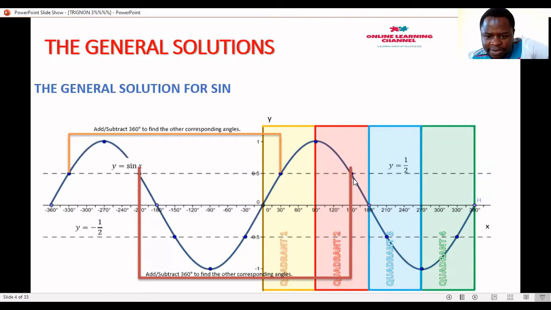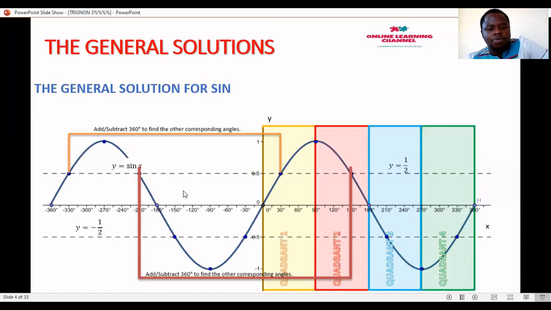For example, you've got this value here, 150, and then another value here for 30 degrees, then another value here for 210, and another value here also for negative 330.